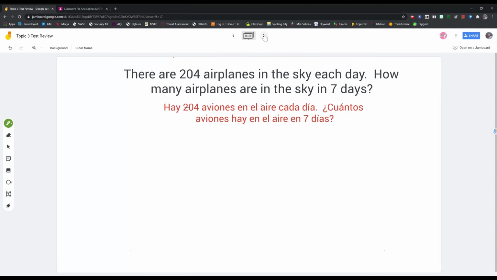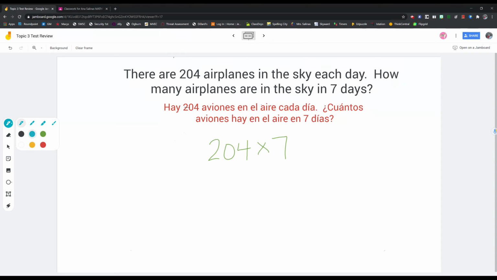There are 204 airplanes in the sky each day. How many airplanes are in the sky in 7 days? Again, this is multiplication because we have a number of airplanes per day, but we want to find out the total number in 7 days. There's different ways you can solve this problem for multiplication. I'm going to use the break apart method.